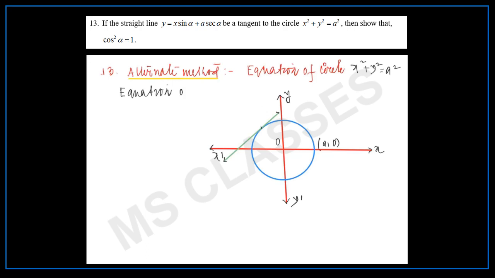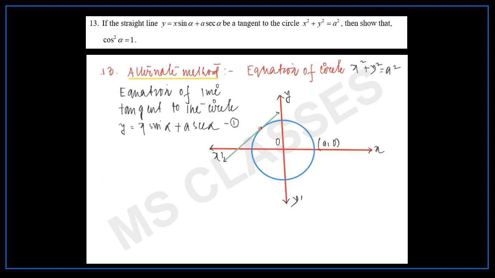Equation of line tangent to the circle: y equal to x sine alpha plus a sec alpha. Now we represent this by equation 1.